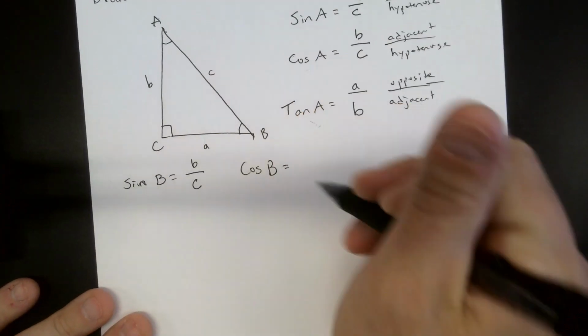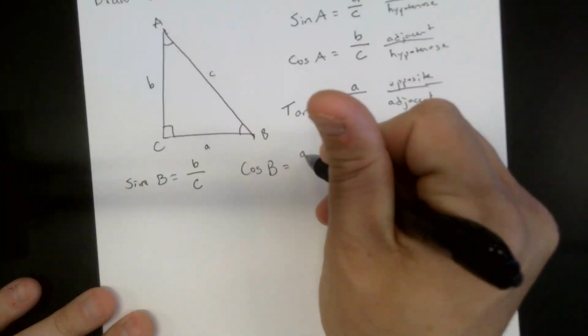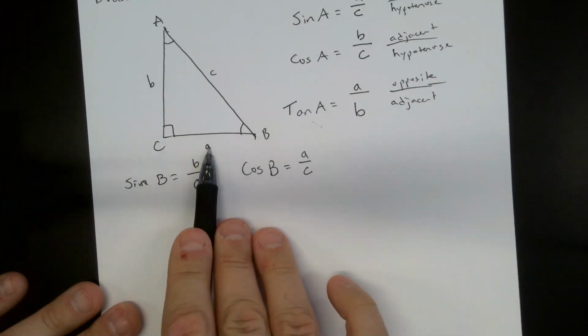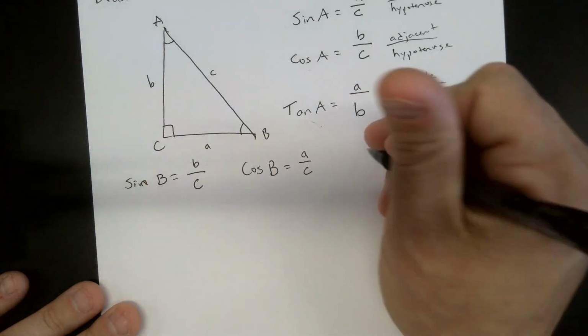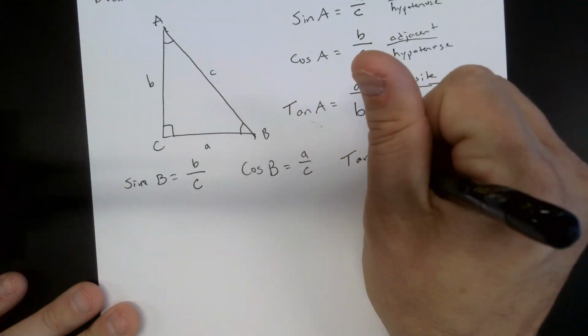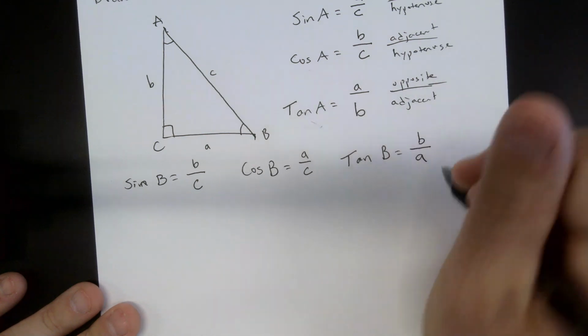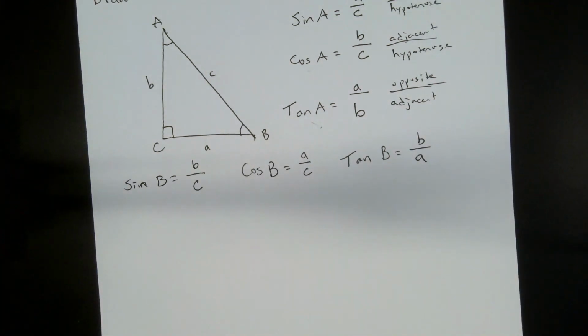Cosine of angle B, little a over little c, is adjacent over hypotenuse. And tangent of angle B is opposite over adjacent.